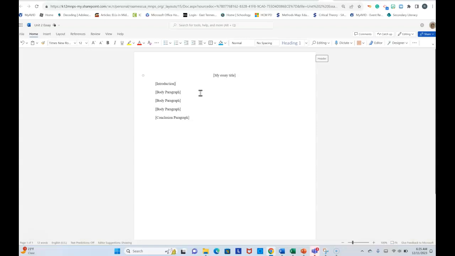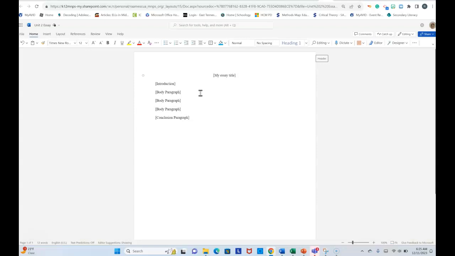Then you will write your introduction paragraph. Your introduction paragraph will introduce the topic. It will have a hook, background, and a thesis statement, in that order.